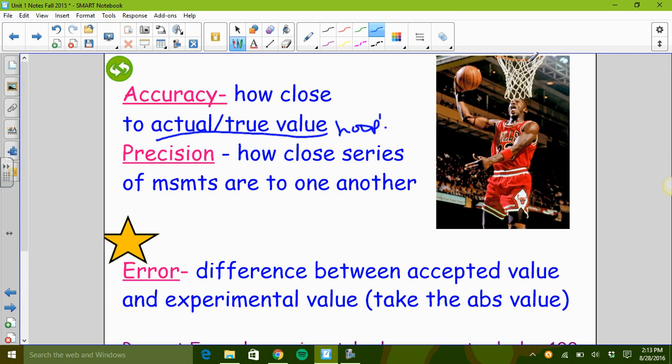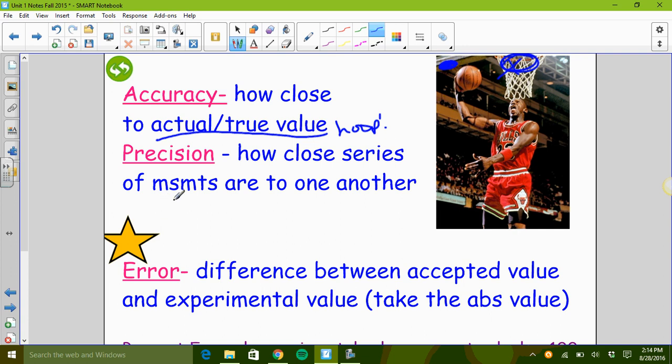That's the accurate value, for example. So he can be at the free throw line and keep shooting and shooting and hitting the upper right hand side of the backboard. Maybe he's over here and he just keeps hitting the board right here. Well, he's very, very precise, but he's not accurate because he's not in the hoop.